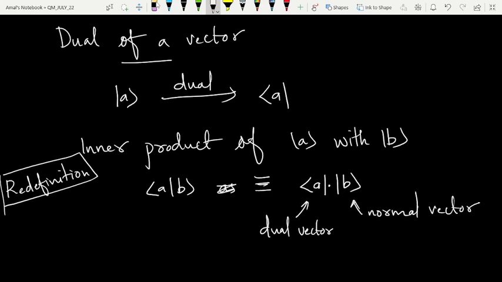This is part of Dirac notation. This normal vector is known as the bra vector, and this dual vector is known as the ket vector.